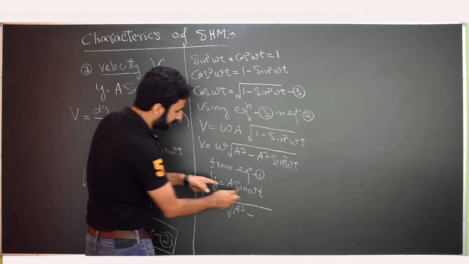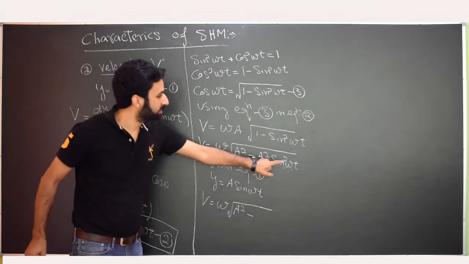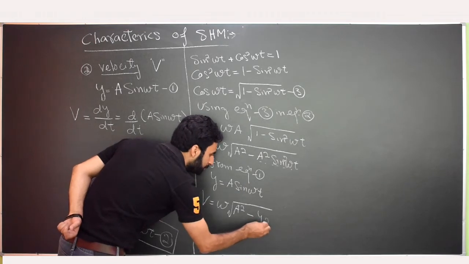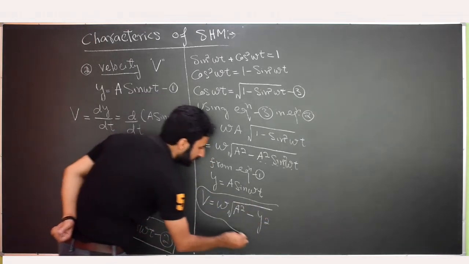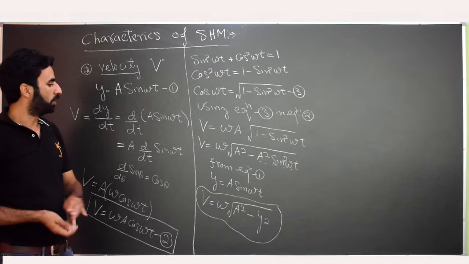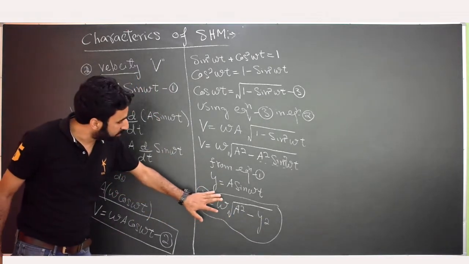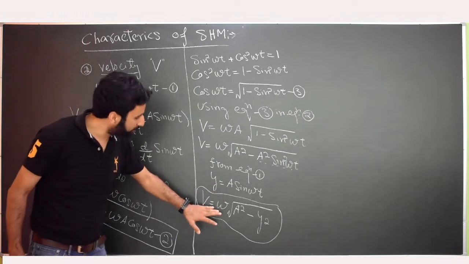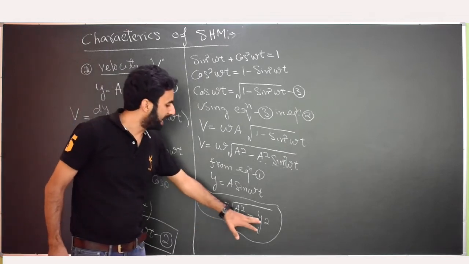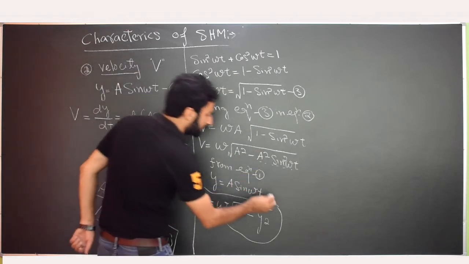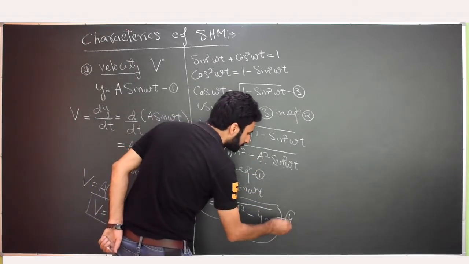A sine of omega t is y, so A square sine square omega t will be equal to y square. So this comes out to be V is equal to omega under root of A square minus y square. Once again, if we discuss the terms here, omega is the angular frequency of a particle, A is amplitude, and y is the displacement. Let's call this equation 4.